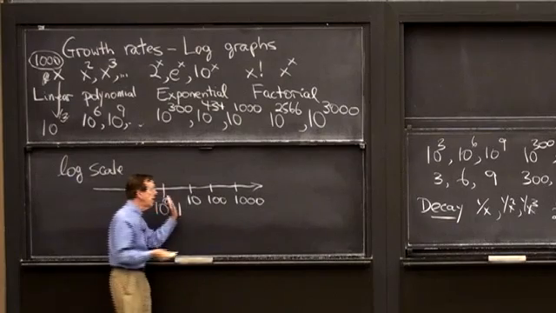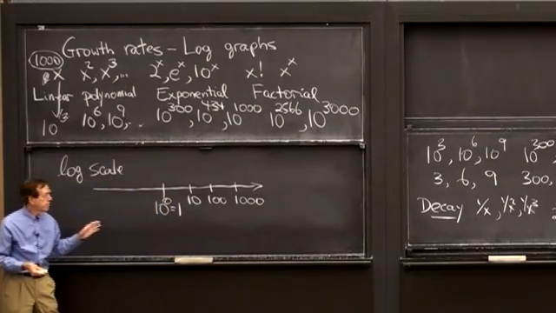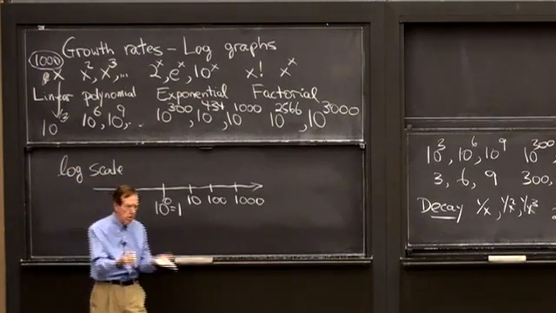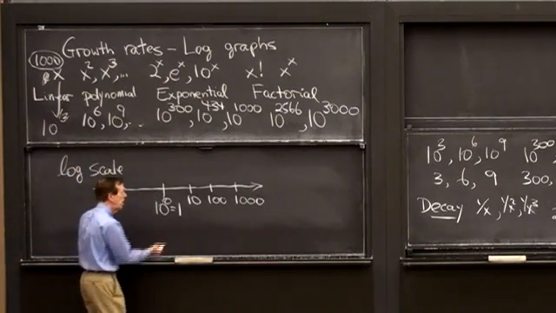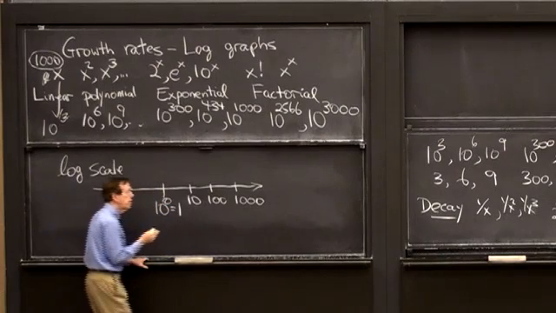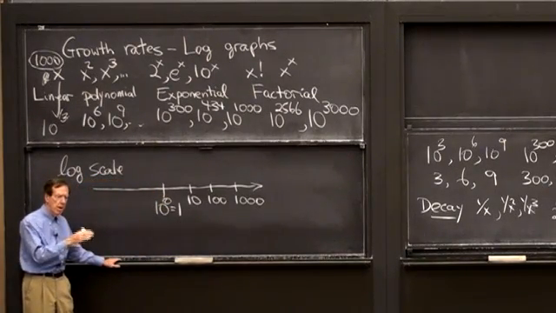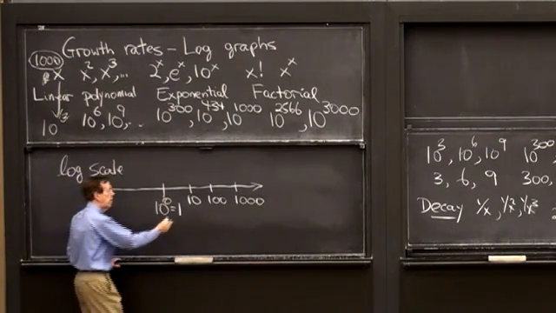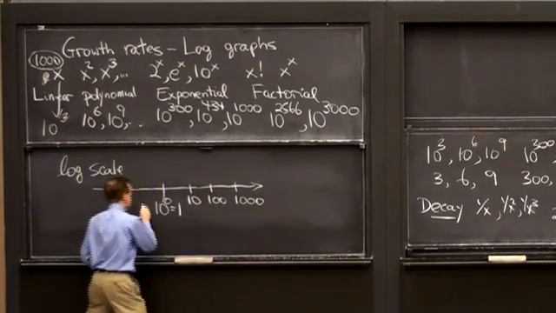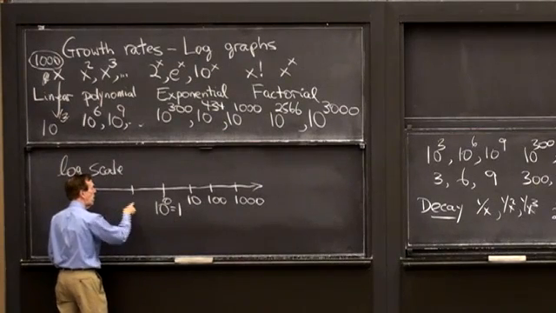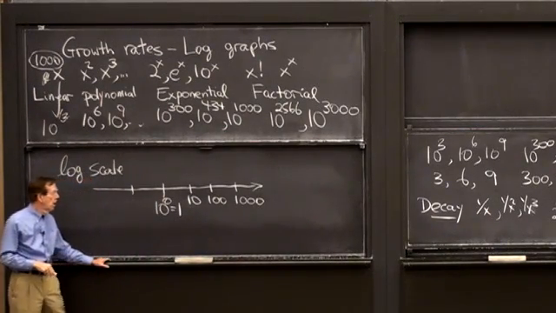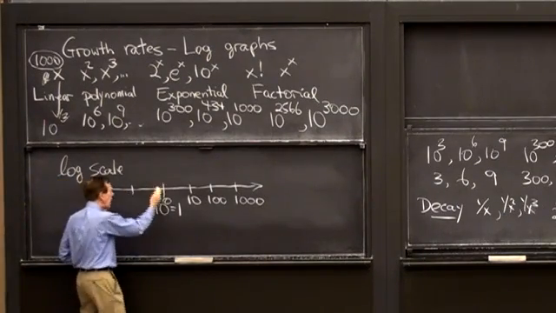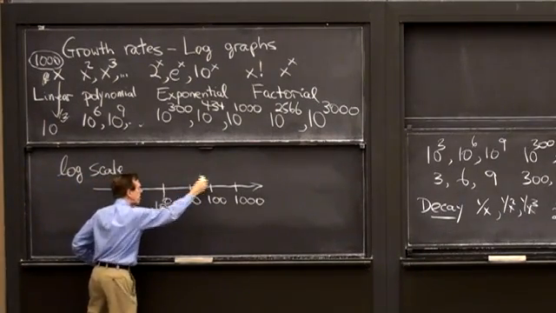So you see, within this picture, on a graph that we could draw and look at on a printed page, we can get big numbers by going from the ordinary 1, 2, 3 scale to the log scale, which puts these points in this order. And let me put some of the other ones. Now, what point goes there? 1/10. Every time I go that far, I'm multiplying by 10.